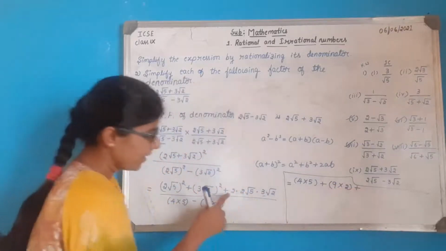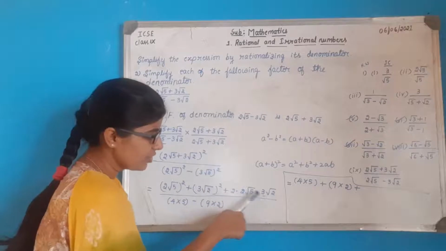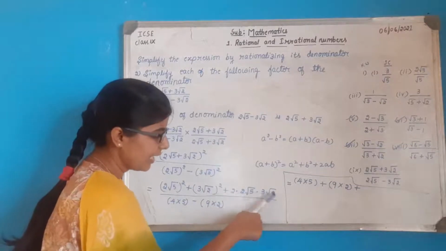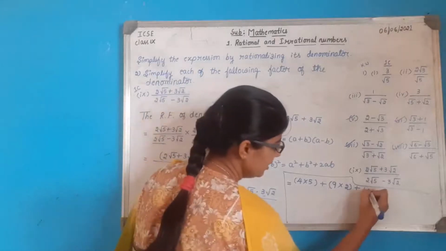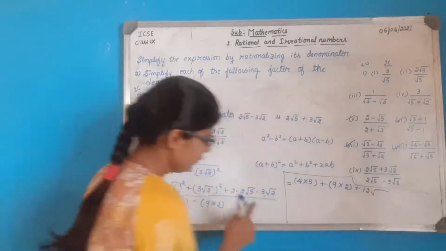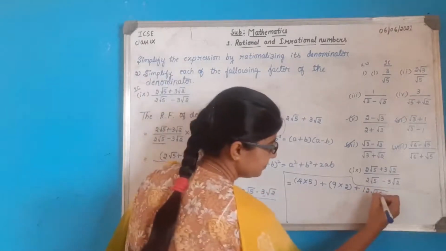Plus now multiply these constants and also the irrational number. 2 2s are 4, so 4 3s are 12, square root of 5 2s are 10.